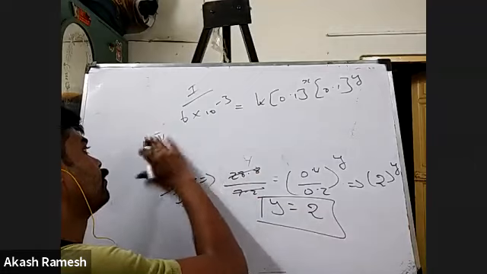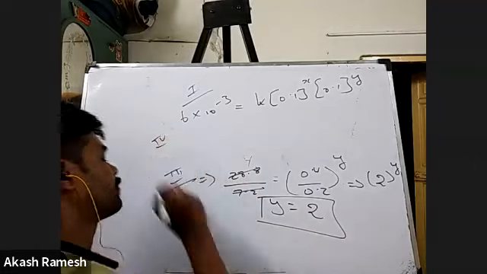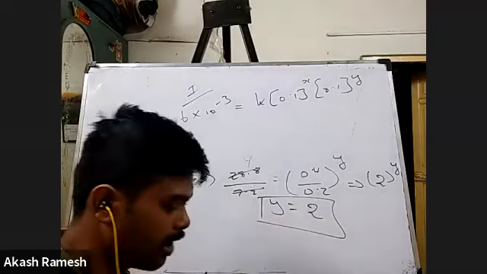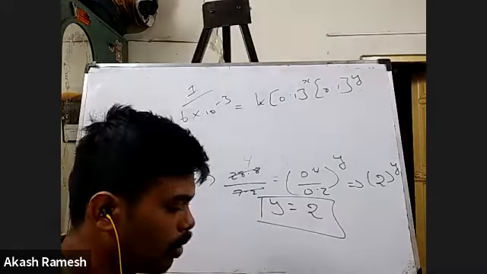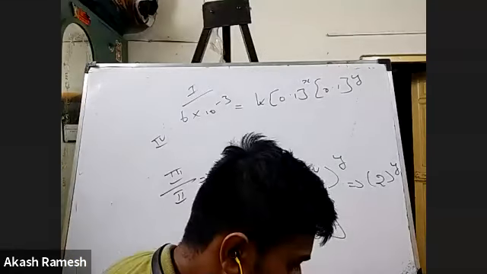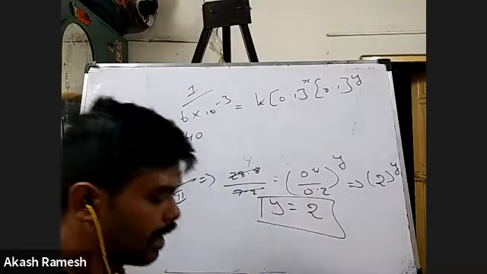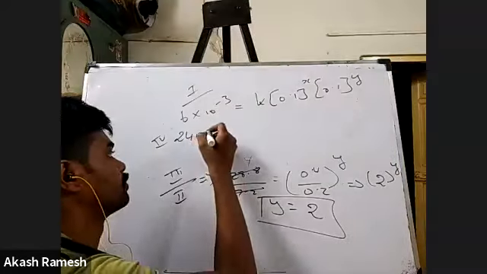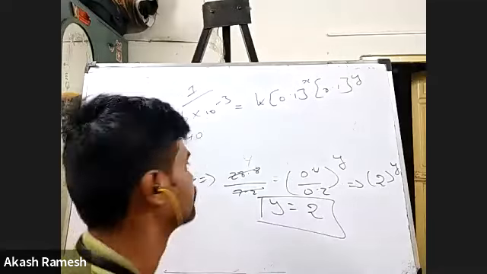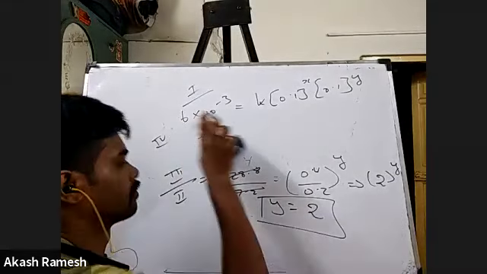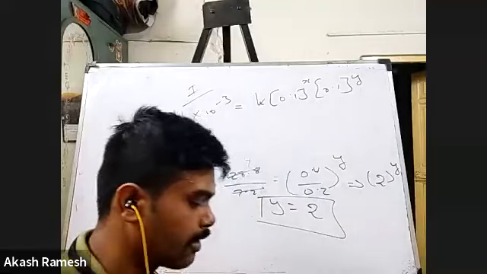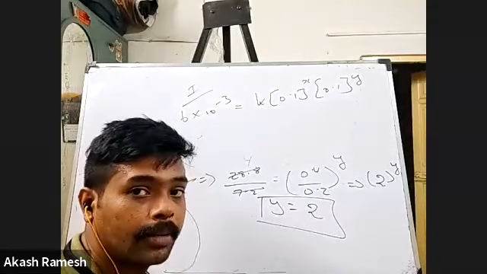And if I go for my fourth data, so they have given R value is 2.4 into 10 to the power minus 2.